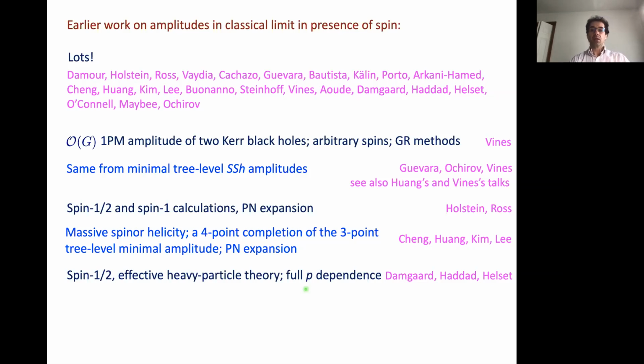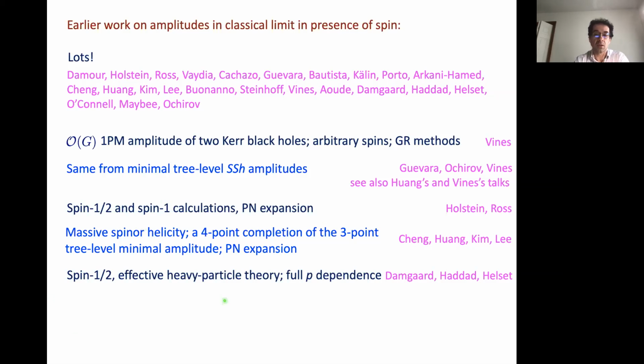So as Justin and Yutin showed earlier today, the scattering amplitude of two Kerr black holes has been known for some time, and it has been computed through GR methods for arbitrary number of spins, and also from a minimal three-point amplitude of two higher spins and one graviton. Then there is an early work using spin-a-half and spin-1 to compute various terms in the post-Newtonian expansion of the scattering amplitude of such particles.